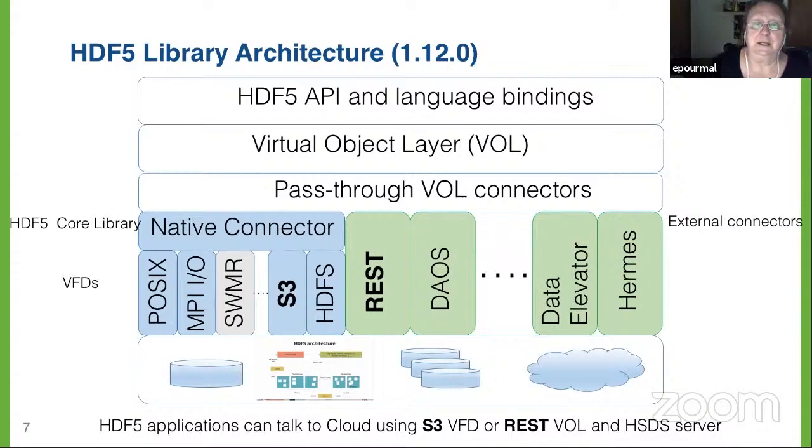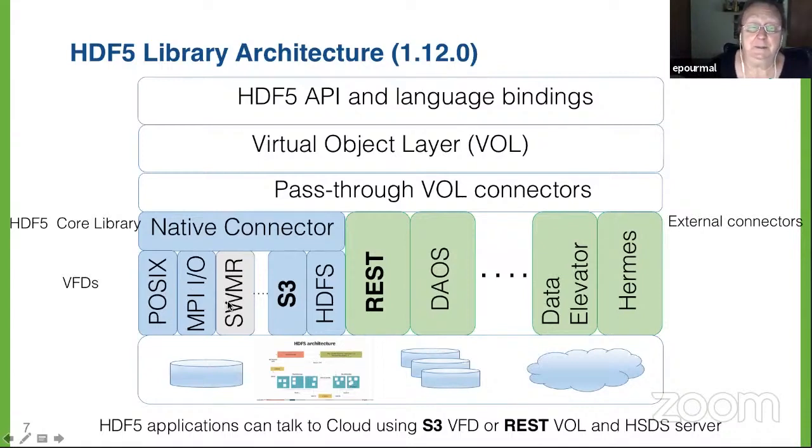The old mechanism to talk to storage was through the native library. Now we call it the native connector or HDF5 core library. And the native HDF5 core library does I/O, talks to storage through different file drivers. Originally we have the POSIX file driver, the MPI-IO file driver.